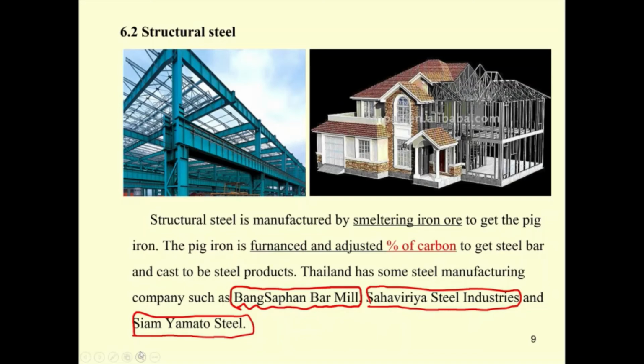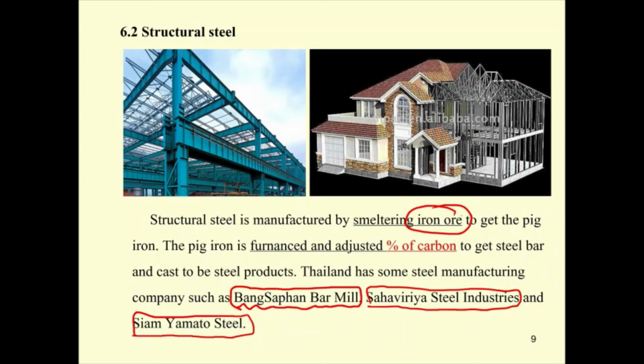They produce products that follow the Thai Industrial Standard. And like I said, can a small company come into this industry? No, it's very hard because these companies are big. Most of the time in Thailand we don't have the raw material; we have to import the iron ore.